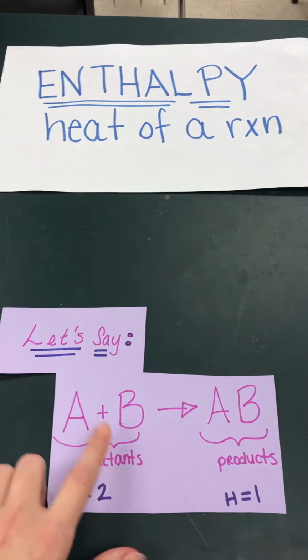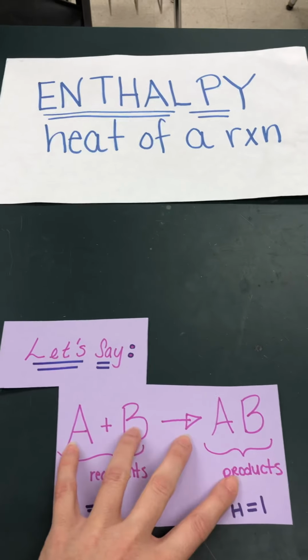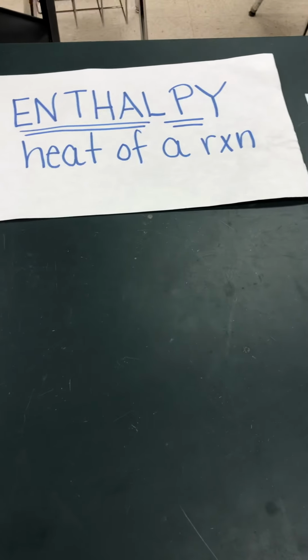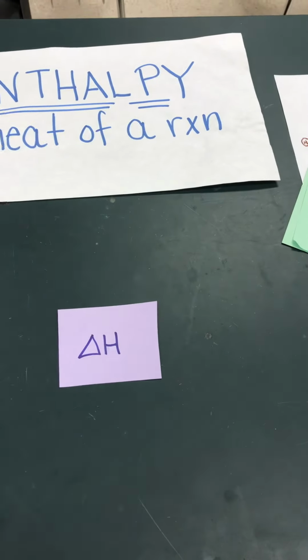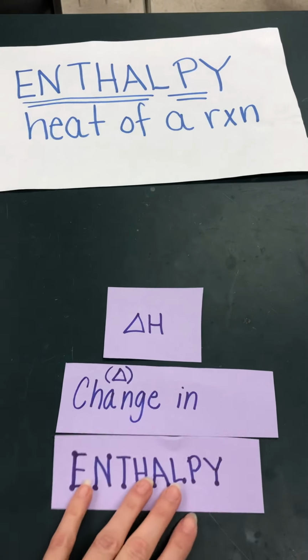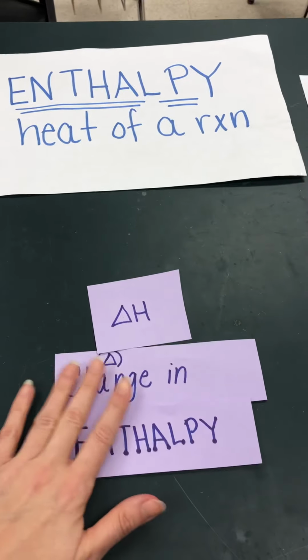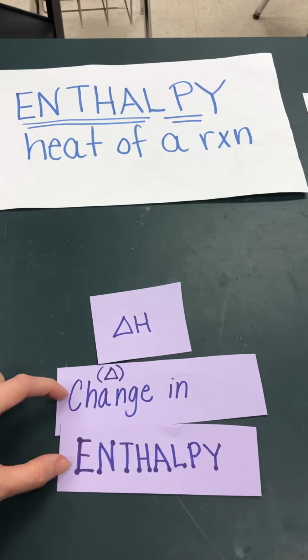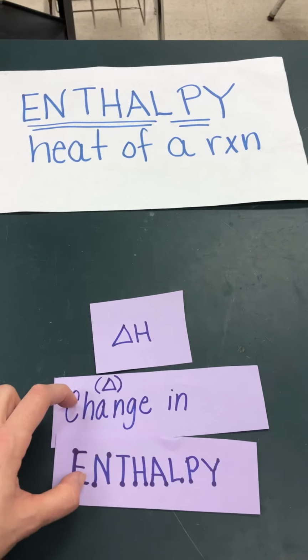So these are the heats of the reaction, but in our case, we want to always figure out the change in enthalpy. Remember, change in enthalpy. So we don't use E, we use H to represent the heat, right? But this represents change in enthalpy, which I wrote here. Triangle means change.